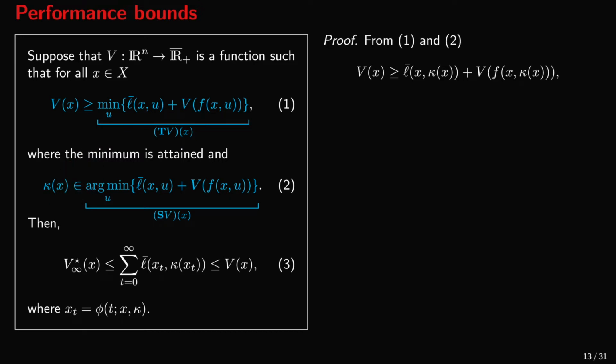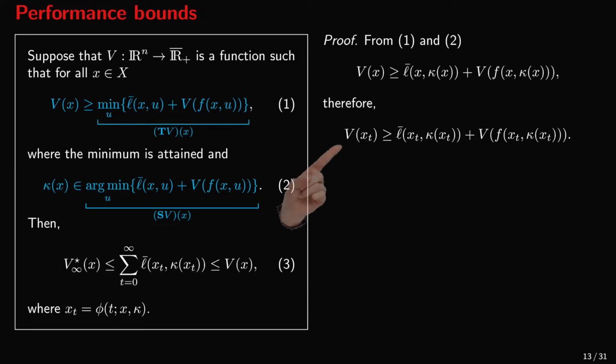V of x is larger than or equal to L bar of x comma kappa of x plus v evaluated at f of x comma kappa of x. This holds for all states x at time t, so we can simply replace x by x at time t and rewrite this inequality like this.